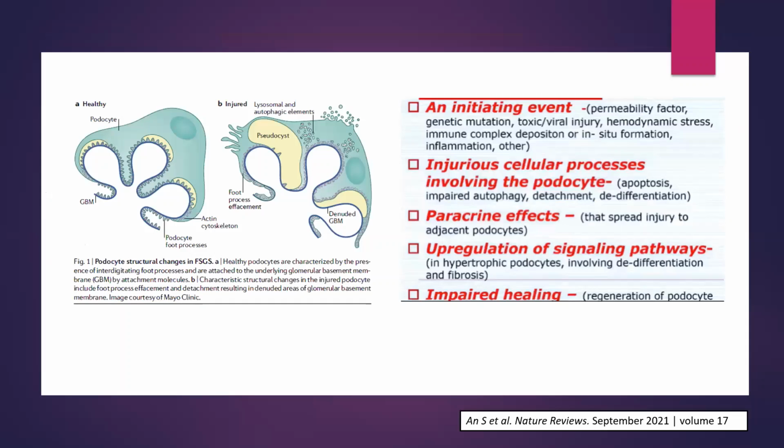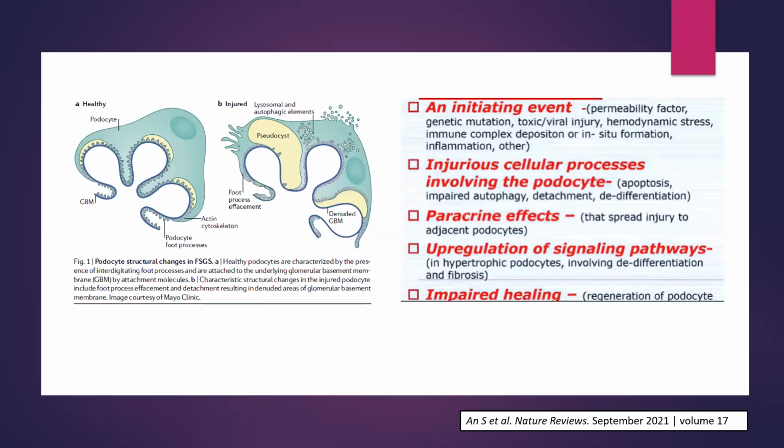If we describe the pathophysiology thoroughly, we have an initiating event or supposed series. We will see multiple supposed series in FSGS, but when we apply to the management, the picture will change. So we have an initiating event, which is the permeability factor, or maybe the gene mutation, viral injury, hemodynamic stress, immune complex, and then this initiating event will progress to injury at the cellular level involving the podocyte, causing apoptosis, impaired autophagy, detachment, and dedifferentiation.